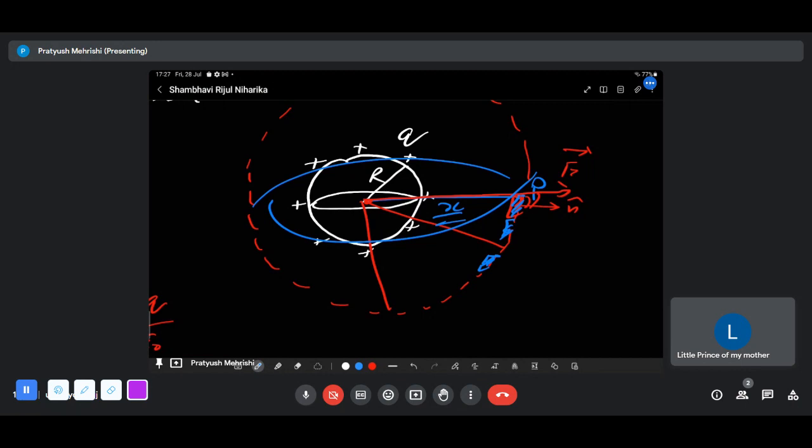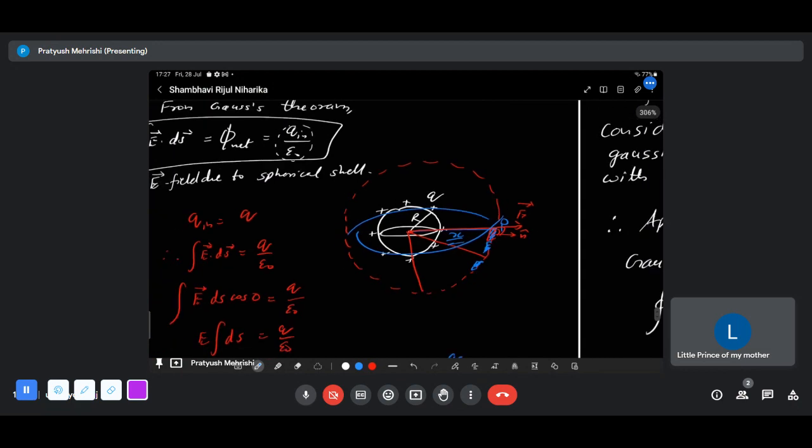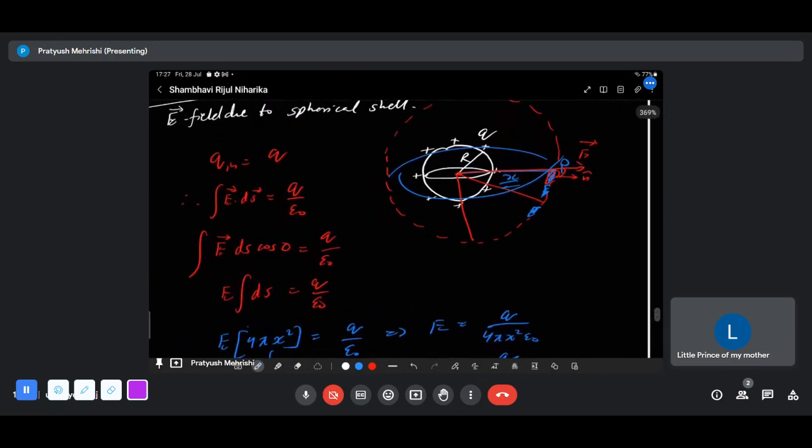Now, how do we calculate the electric field at point P? We know that flux is q by epsilon naught, with the help of Gauss law. Gauss law says the integral of E dot ds is equal to q upon epsilon naught. It means E ds cos 0 degree. Why 0 degree?